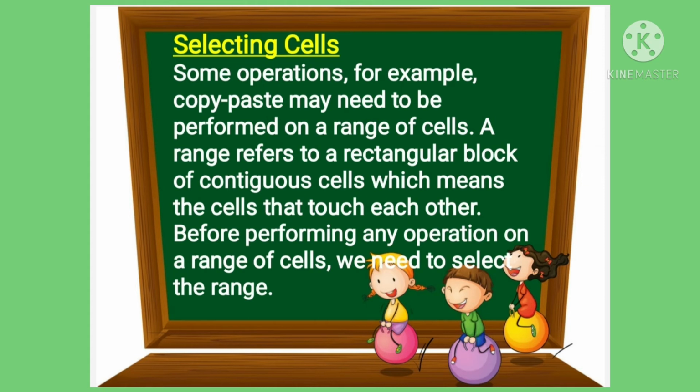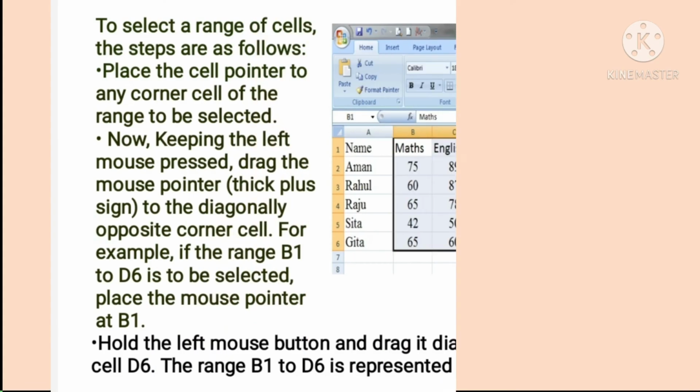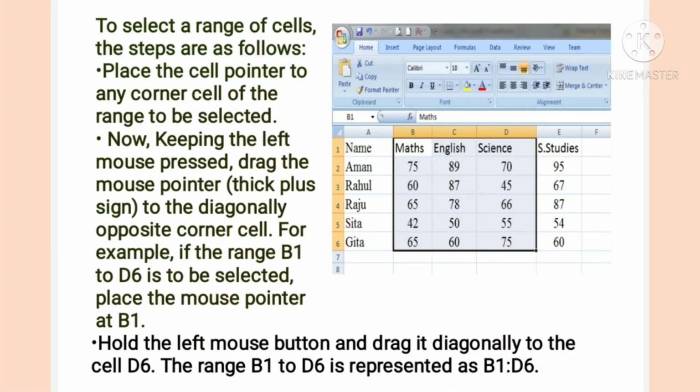A range refers to a rectangular box of continuous cells, which means the cells that touch each other. Before performing any operation on a range of cells, we need to select the range. Let's see what we have to do to select a range of cells.